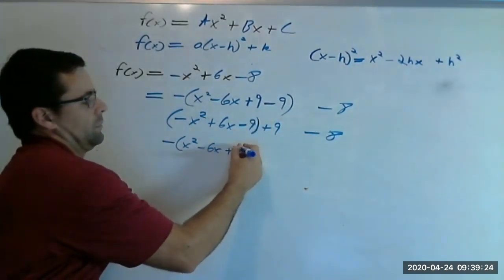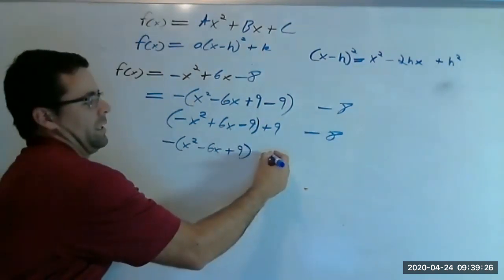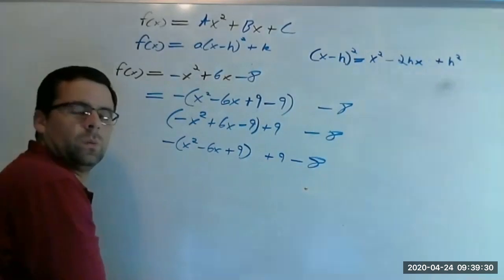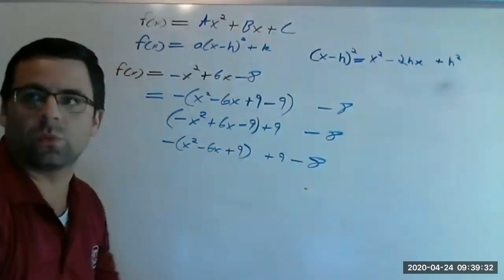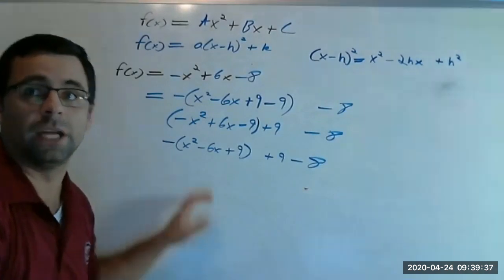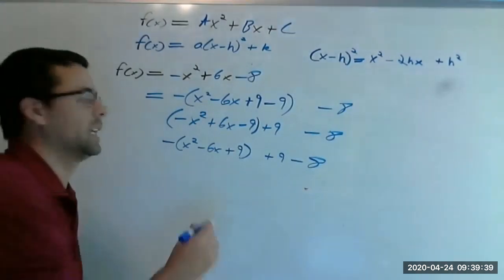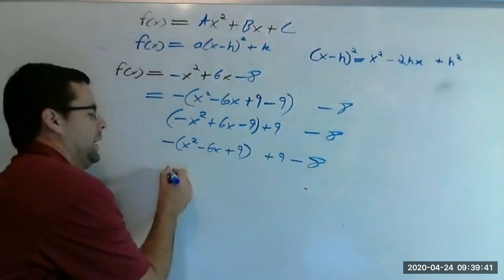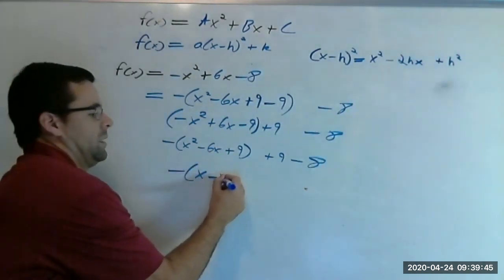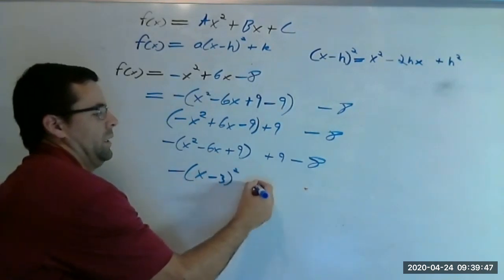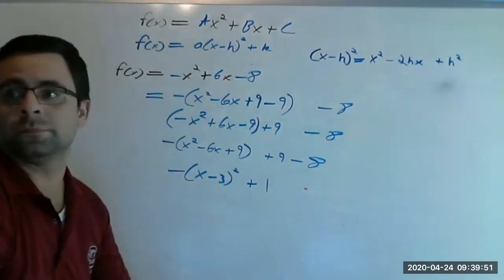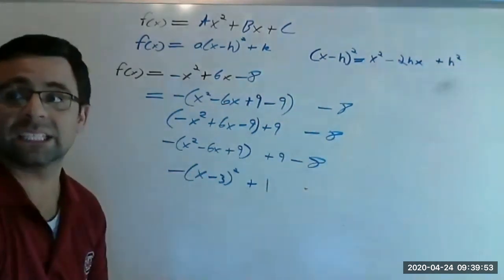No. Plus 9. And then plus 9 minus 8. So it's kind of 2 steps at once, but that's what we do. And that becomes negative x minus 3 squared plus 1.